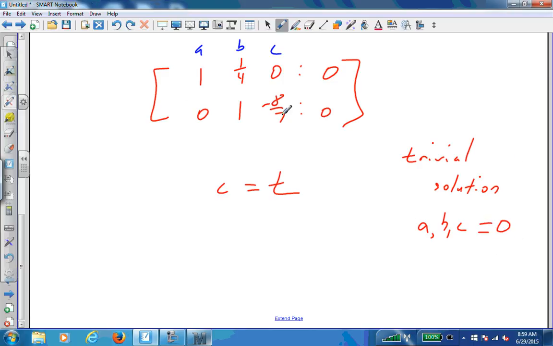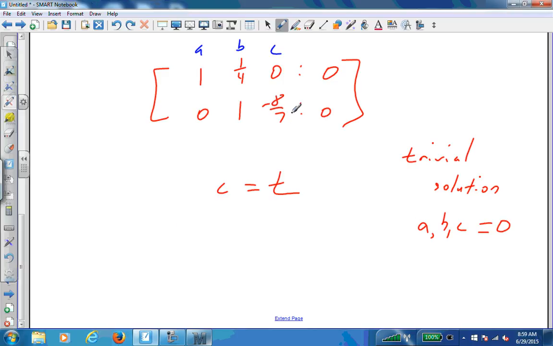But here, A would be 0. If A were 0, B were 0, C could be anything. So that's not going to quite exactly work out.